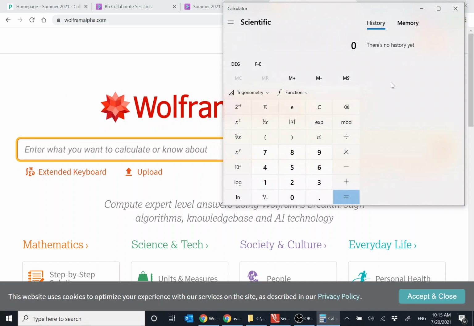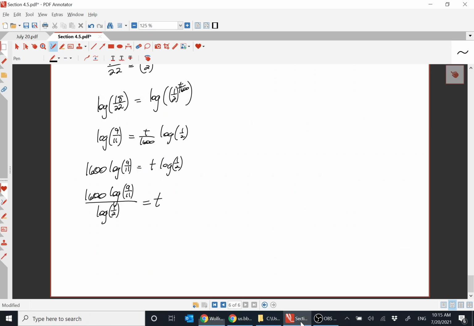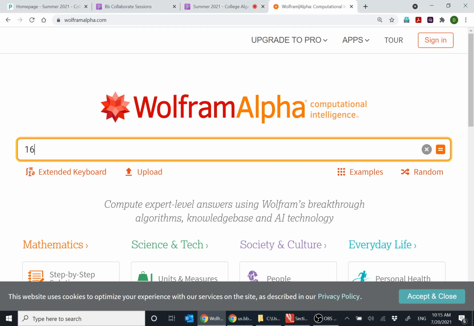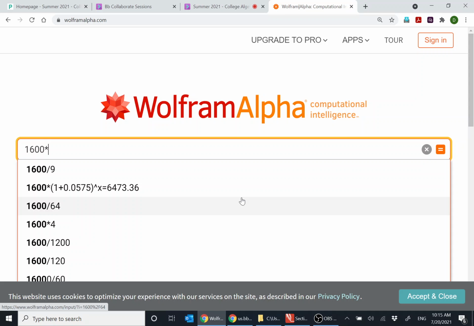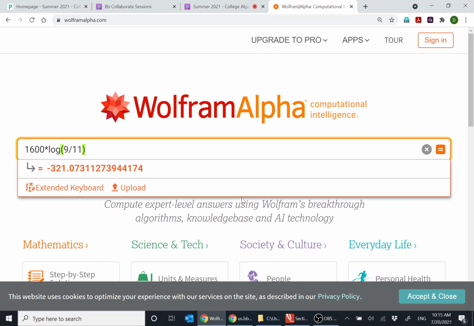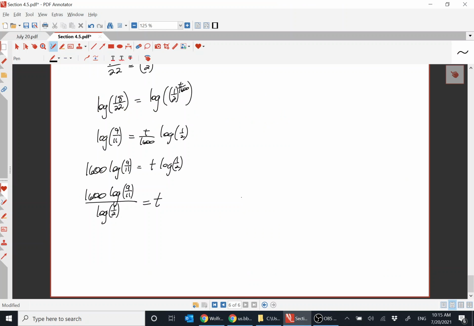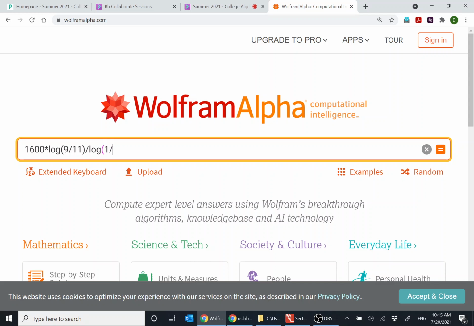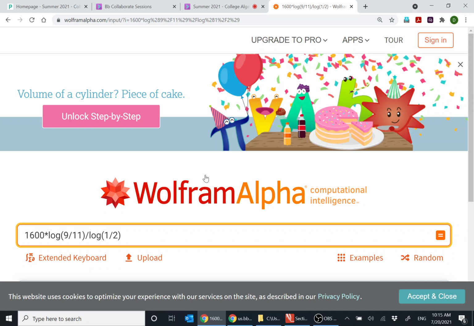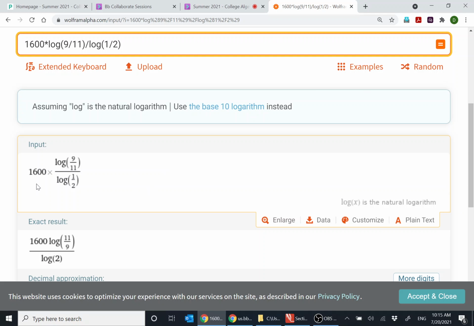So we've got 1,600 log 9 over 11, divided by log 1/2. So this is how it interpreted the input, and it's fine that the 1,600 is here. It doesn't have to be on top. It's the same thing.